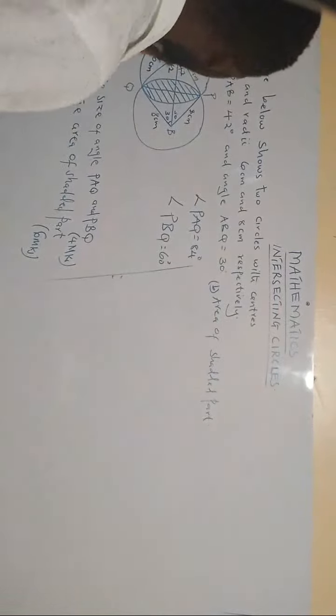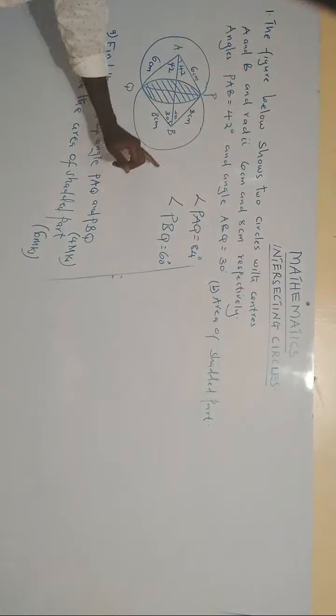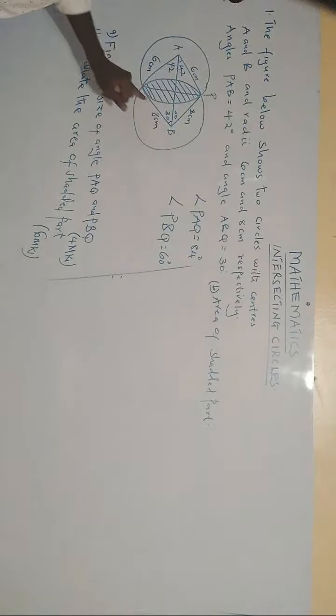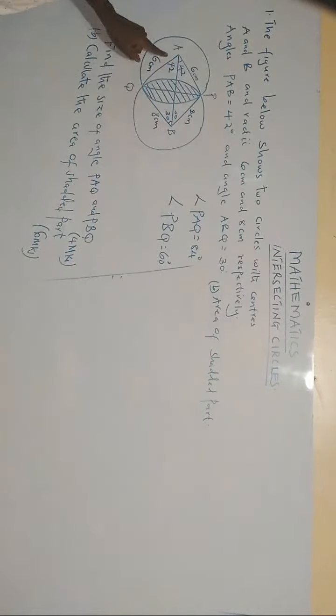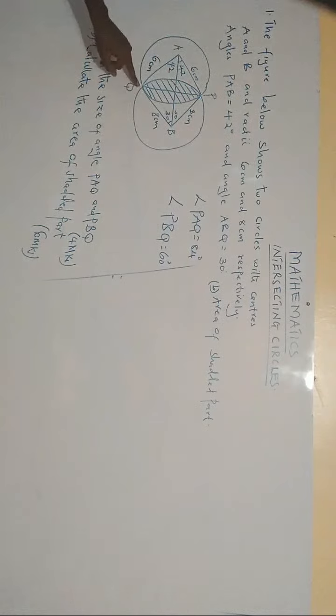And we'll look at these two intersecting circles. We have triangle APQ, and with the circle with center B, we have triangle PQB. As well, we have a sector from point P this way to Q, then back here.